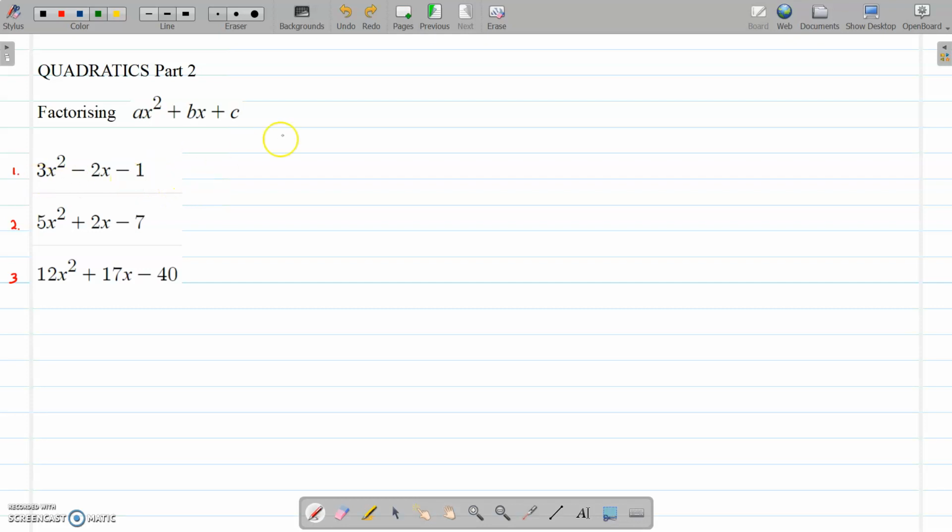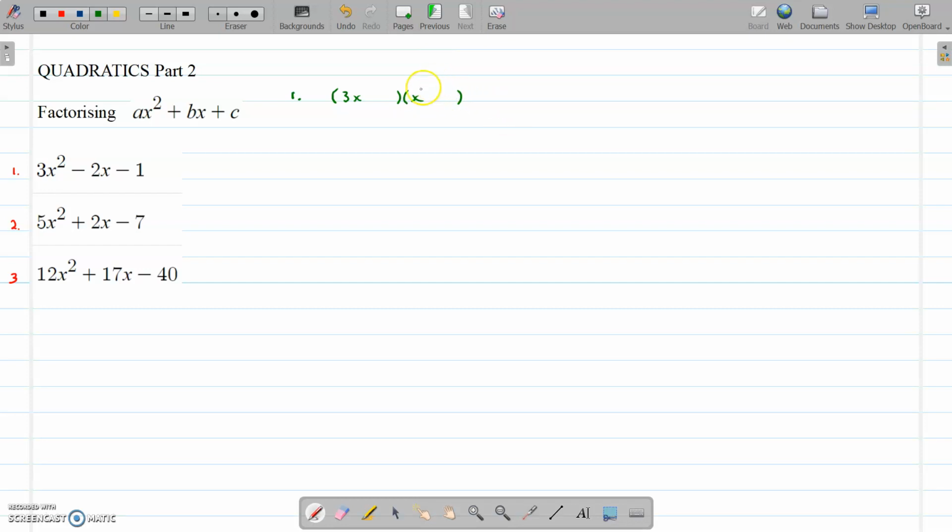Now, in this first question, it's quite easy to do in the same way that you've learnt already. We know that to get the 3x squared, it can only have come from a pair of brackets that begin with 3x and x, and that is because 3 is a prime number.